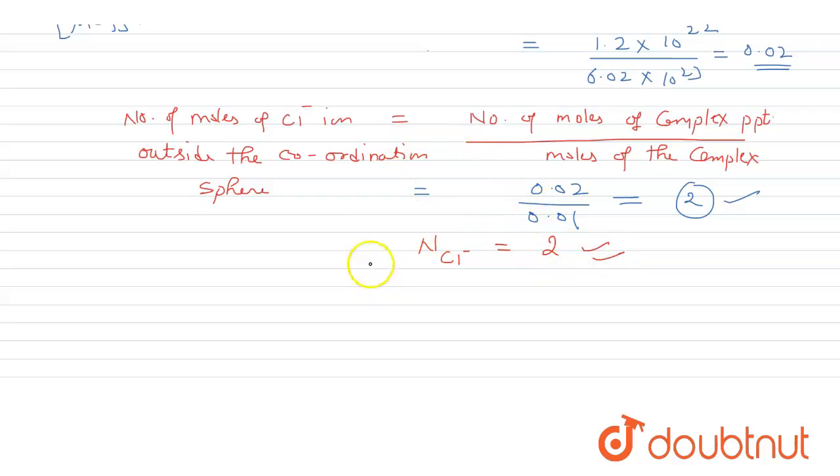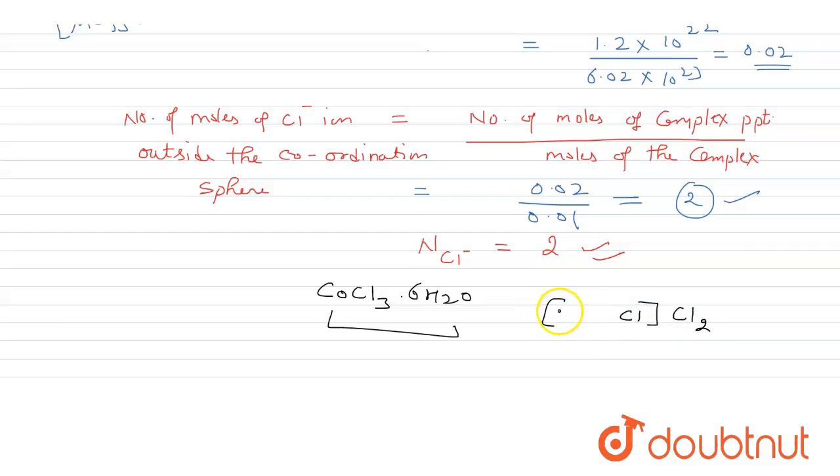We have the formula CoCl3·6H2O. From this we know that two chlorines are outside the coordination pair. How many chlorines are present inside the coordination pair? There will be one chlorine.